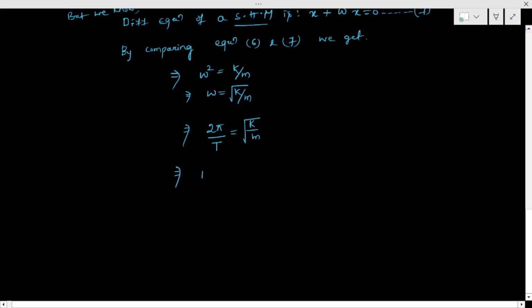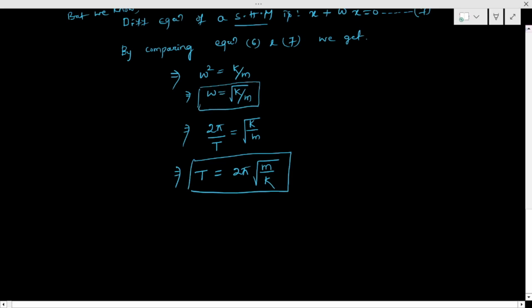That implies the time period will be equal to 2π times the square root of m/k. You just remember this expression. I also suggest you remember ω equal to square root of k/m, because many times you have to use this. Time period equal to 2π square root of m/k.